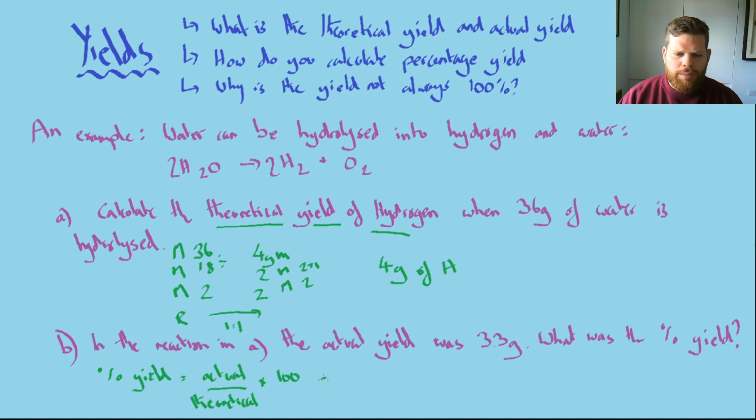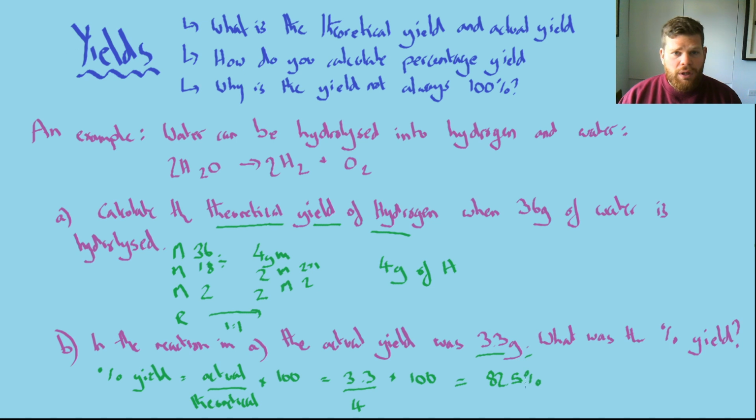So in this case, my percentage yield is going to be 3.3, because that's what's given to me in the question, divided by 4, which is my answer to the previous question, multiplied by 100. And that gives you the answer of 82.5%.